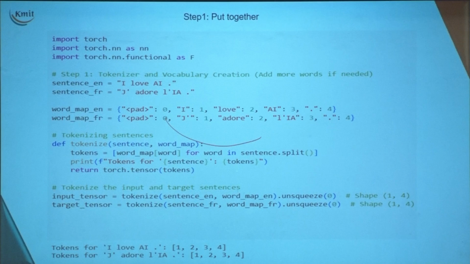Both. Because I use input sentence tokens for the encoder block. I use output sentence tokenized for the decoder block. So I have to tokenize what? Both input sentence and target sentence. Okay? And I am tokenizing them and converting them into what? Tensors. Why am I converting them into tensors?